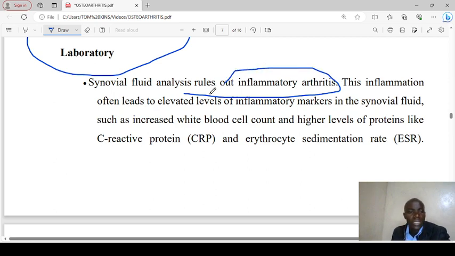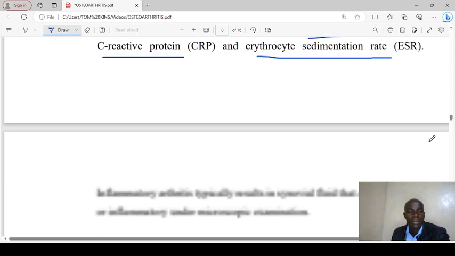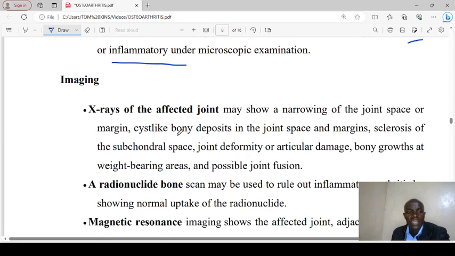This inflammation can lead to elevated levels of inflammatory markers in the synovial fluid, such as white blood cells, and higher levels of proteins like the C-reactive protein, CRP, and erythrocyte sedimentation rate. Inflammatory arthritis typically results in synovial fluid that appears cloudy. The synovial fluid will be cloudy or inflammatory under microscopic examination.